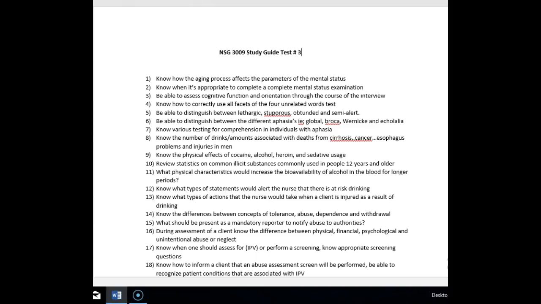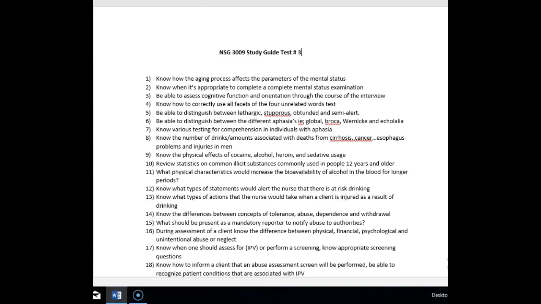The guideline is if a person says they have 7 or more drinks a week, or 3 or more drinks per occasion, so if they sit down for one occasion and have 3 or more drinks, that's considered at-risk drinking.